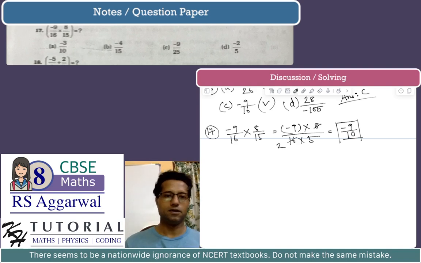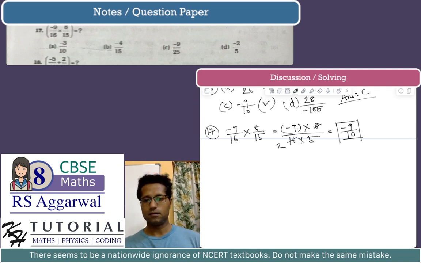Minus 9 by 16 multiplied by 8 by 15. So we have minus 9 multiplied by 8 divided by 16 into, oh sorry, it is 15. I have written 16 into 5, but it is 15. So there will be more cancellation.